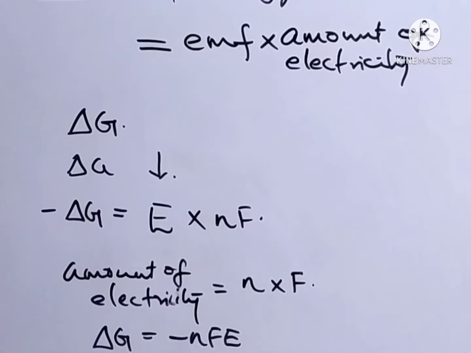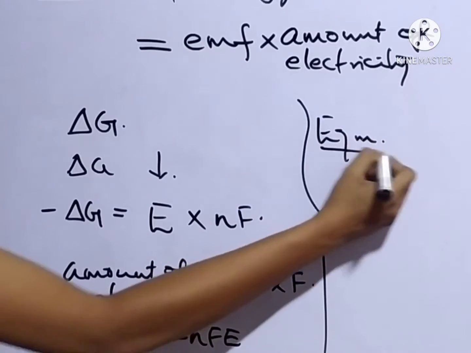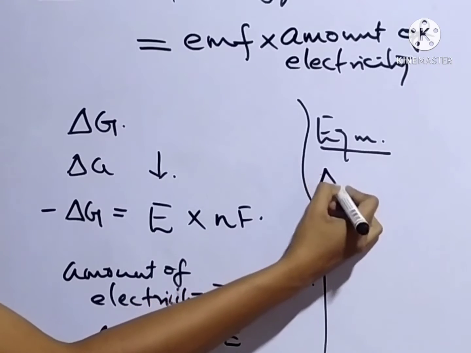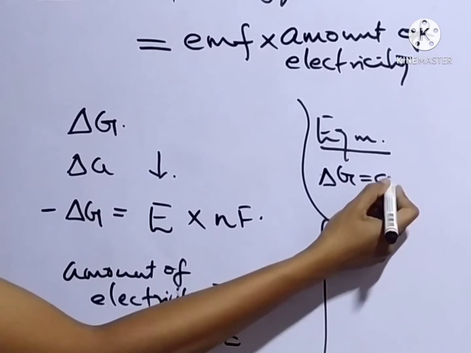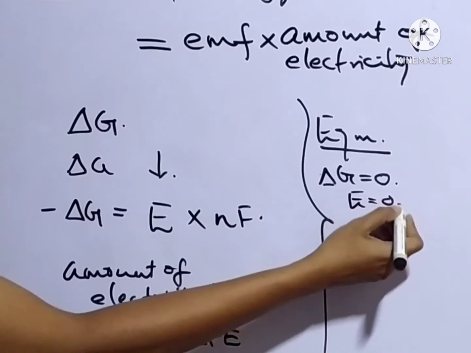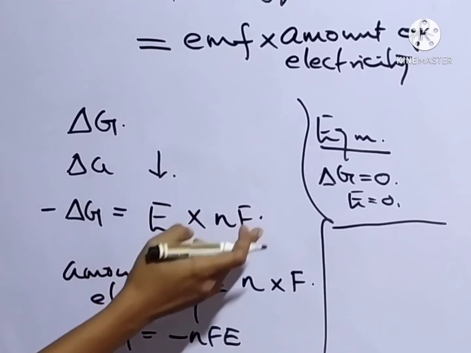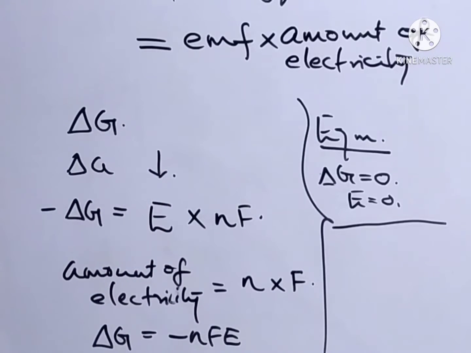And if we consider an equilibrium reaction, so if the reaction is in equilibrium, the change in free energy delta G will be equal to 0 and E will also be equal to 0. This is the condition in the equilibrium state.